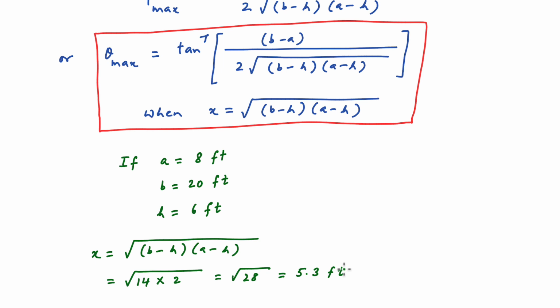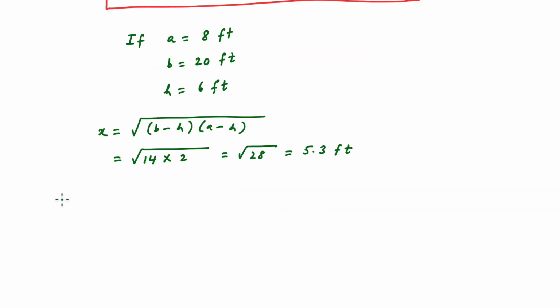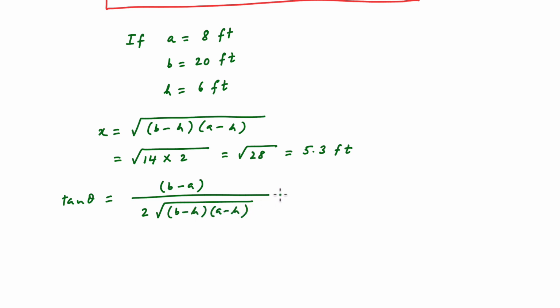For this value of x, tan theta, which is equal to (b minus a) upon 2 times the square root of (b minus h) times (a minus h), is equal to 12 divided by 2 times the square root of 14 times 2, which is equal to 6 upon the root of 28.